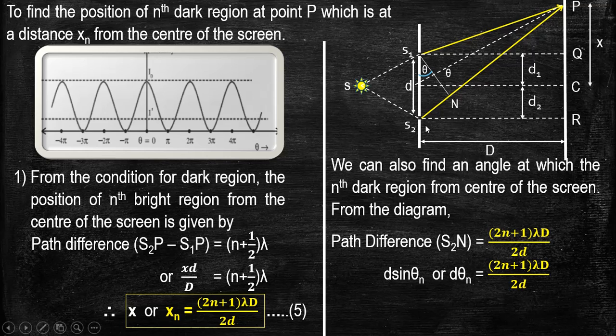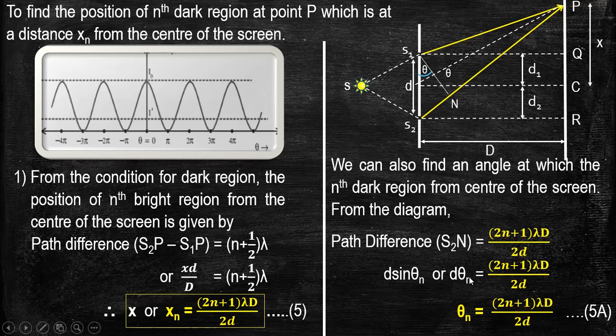As I told in the previous slide, by taking this triangle S2 S1 n, if I take the angle as theta, then the value of S2n is d sin theta n, and d sin theta n can be written as d theta n, where sin theta n equals theta n if this angle theta is very small.